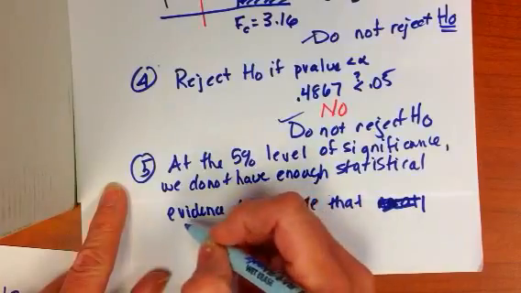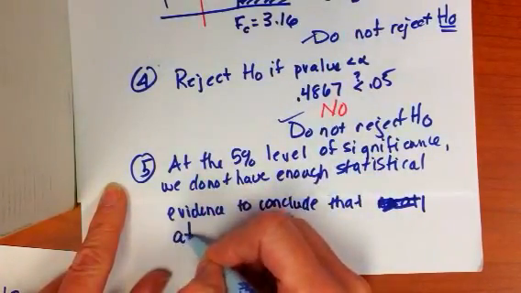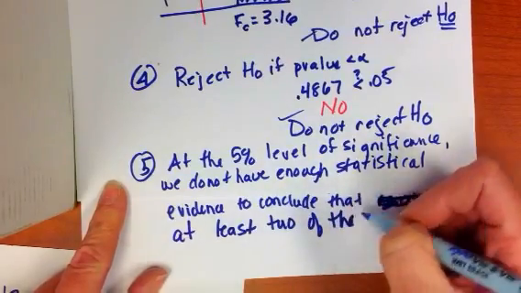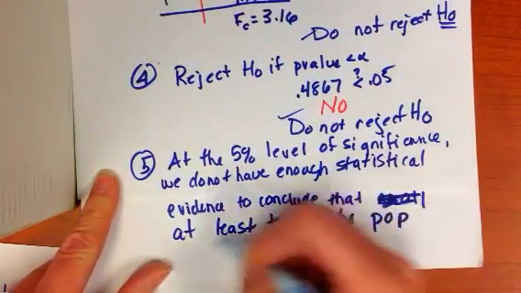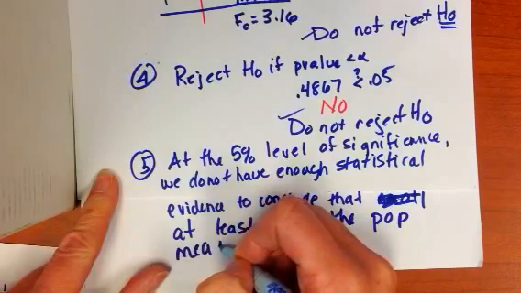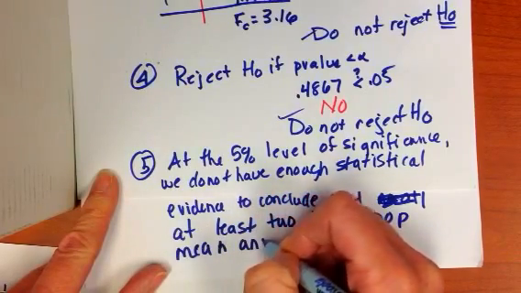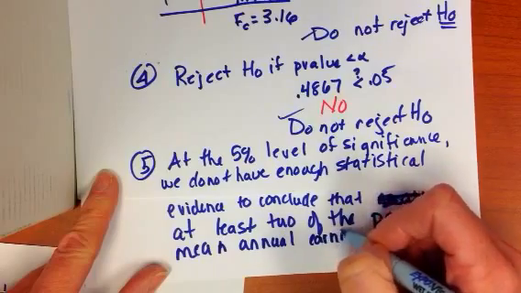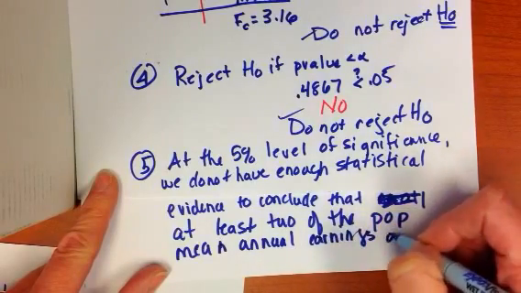So, to conclude that at least 2 of the population mean annual earnings are not equal.